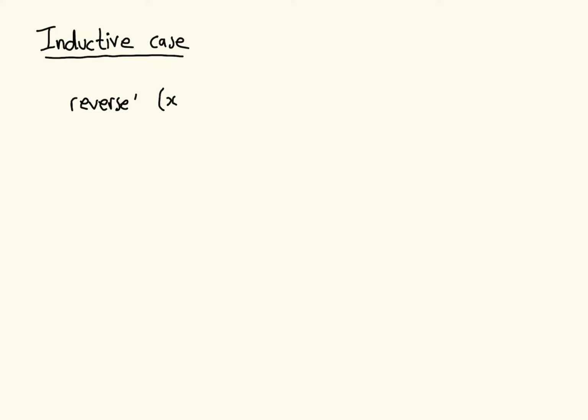Now we have a non-empty list, x followed by x's, and we have an arbitrary second list y's, and we simply want to calculate using equational reasoning, using the process of constructive induction, and what we'll find is that this will give us the definition of reverse prime in the recursive case.